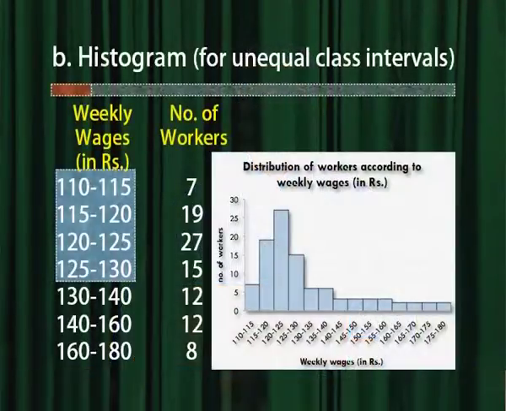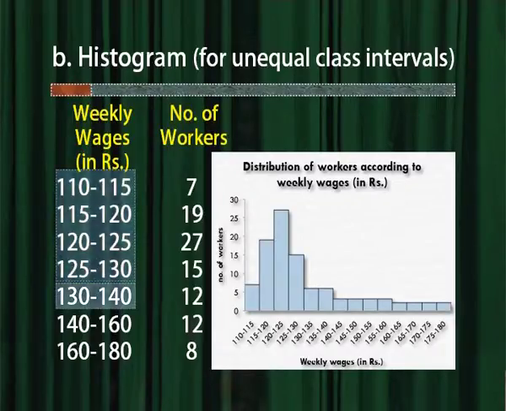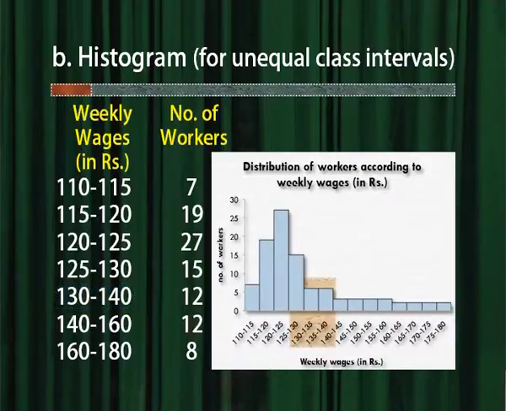For example, here our first 4 classes are of equal length, that is, the length is 5. But when we come to the class ranging from 130 to 140, its length is 10. So, we divide this class into 2 subclasses.